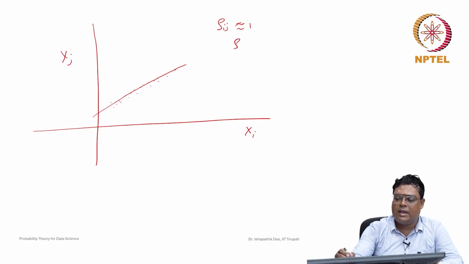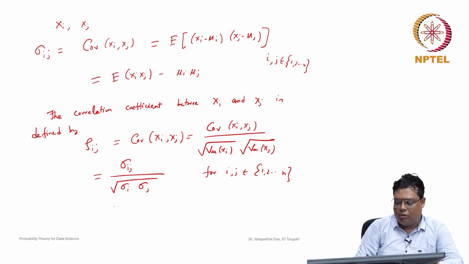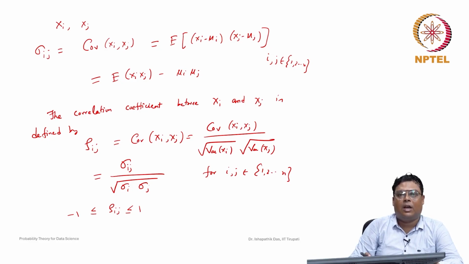Now if rho ij is close to -1, we already discussed that the correlation coefficient is always less than or equal to 1 and greater than or equal to -1. That can be shown by the Cauchy-Schwarz inequality. We are not going into details about that, but it is just to mention that the correlation coefficient has very significant implications in analyzing the relationship between two random variables.